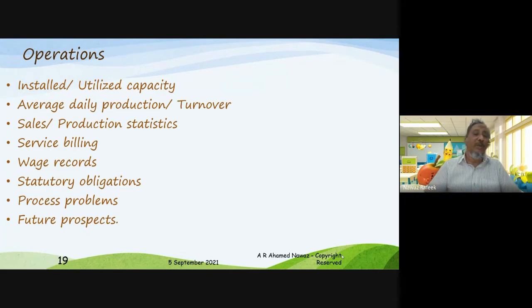The processing problems: interruption in processing due to certain technical reasons, environmental reasons, or any other problems we can come across. Then any future prospects, any development that can be there, any way the operation side can be improved.